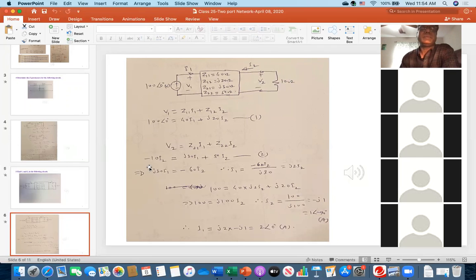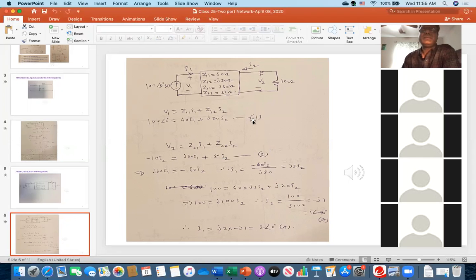That's why I have put a minus sign. So minus 10 I2, that is V2, and then the Z21 value from the given parameters, and Z22 was also given, 50, and I2. So this is equation number 2.